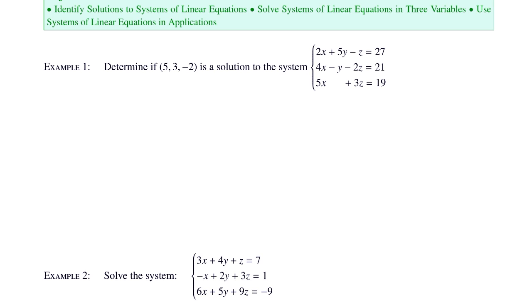Example 1. Determine if (5, 3, negative 2) is a solution to this system. So we'll just check it in each of the equations. We get 2 times 5 plus 5 times 3 minus negative 2 is equal to 27, maybe.